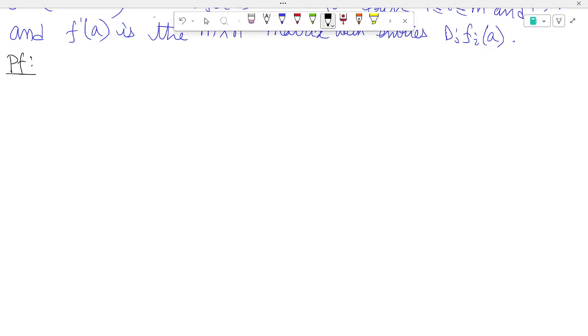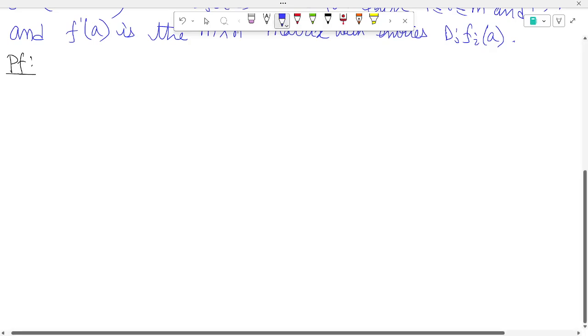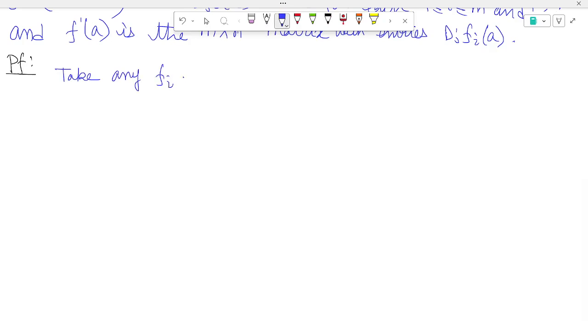Do you understand the statement, what we need to prove? Let us take any fi, where 1 is less than or equal to i is less than or equal to m.